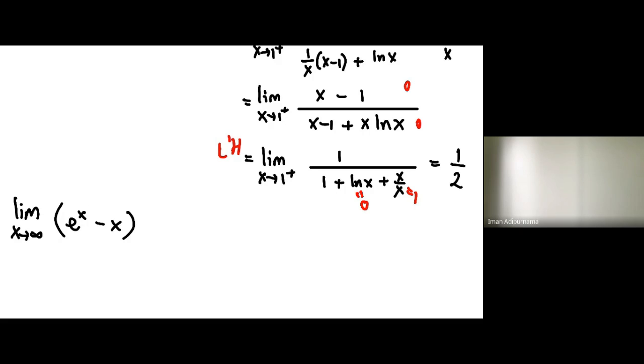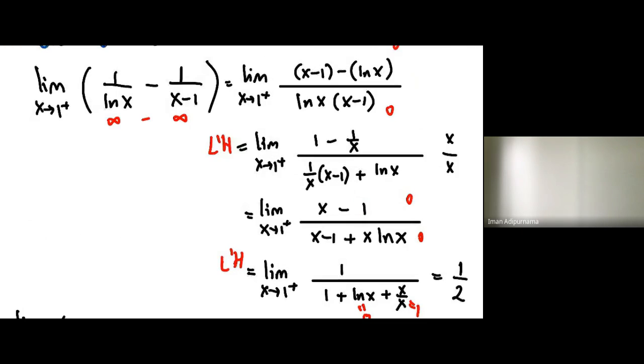Of course, if you look at the first example for the indeterminate difference, we can make a conjugate because the functions are in a fraction form, right? Because this is a fraction, we think maybe we can make some conjugation, and we make a simplified form.